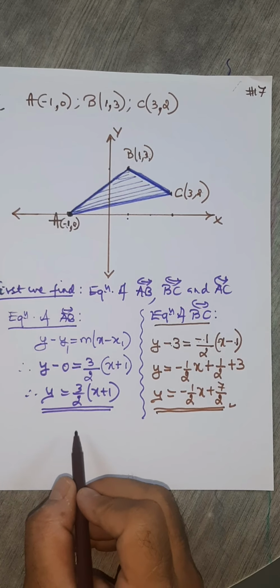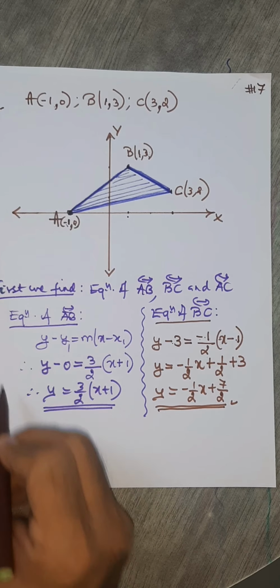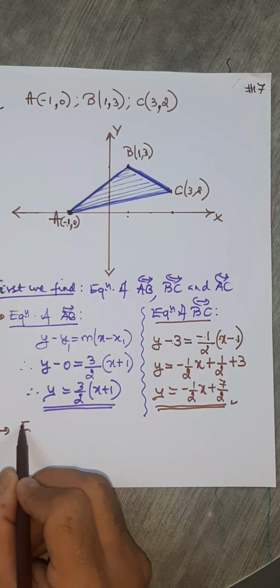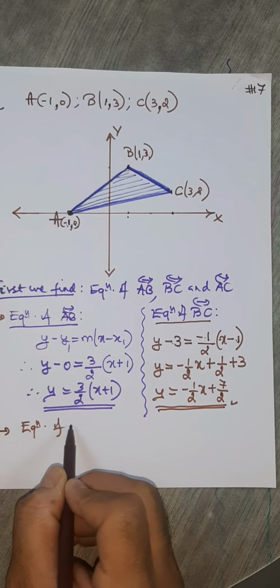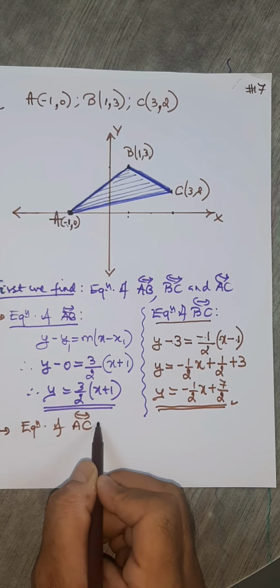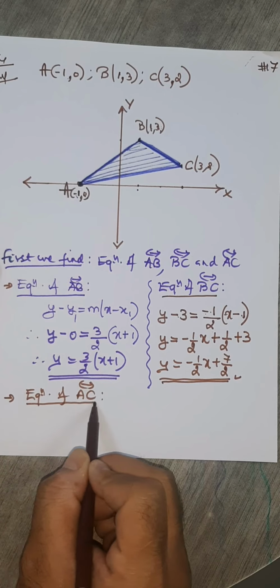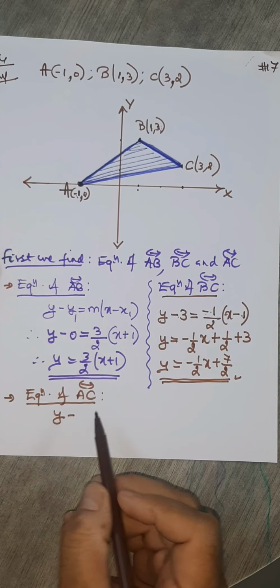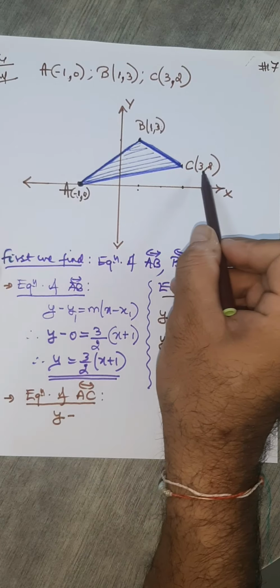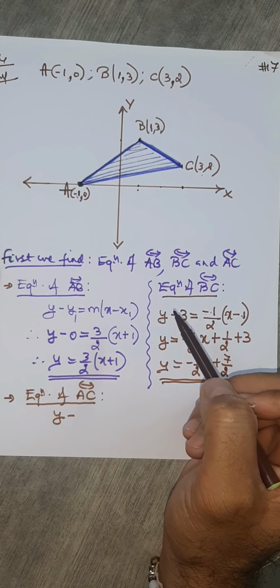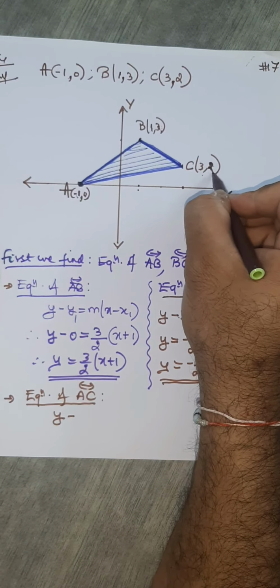Now the equation of the third one, that's AC. Equation of line AC. So you will get y minus y1. Remember, this is x1 y1, this is x2 y2. This is 3 comma 2, remember.